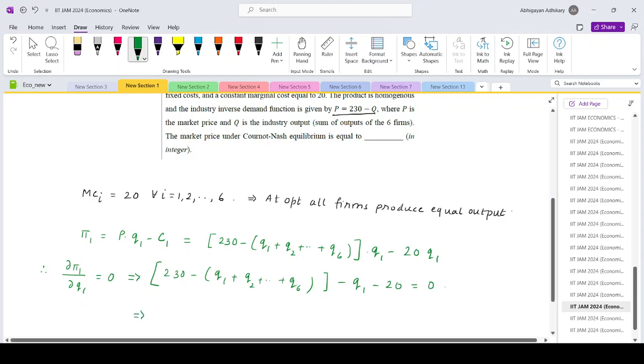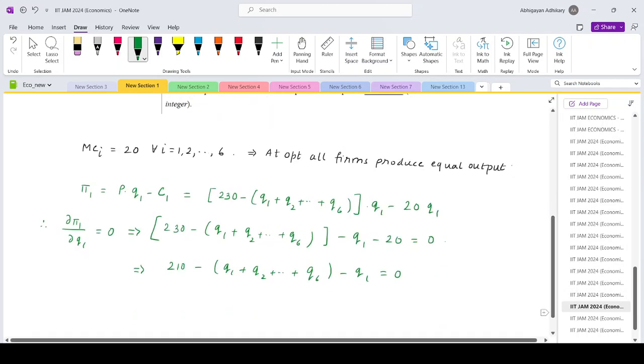So that implies 230 minus 20, 210, minus (Q1 plus Q2 all the way till Q6) minus Q1 equals 0. Now, as I have already mentioned, since the marginal costs are the same, at optimal all firms will produce equal output. That means Q1 star equals Q2 star equals Q6 star.